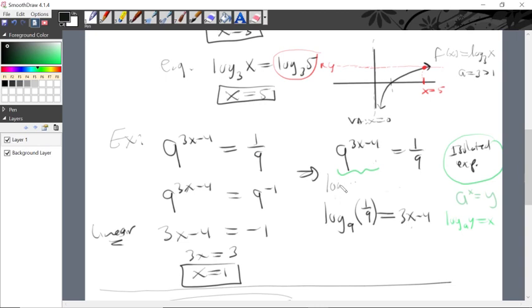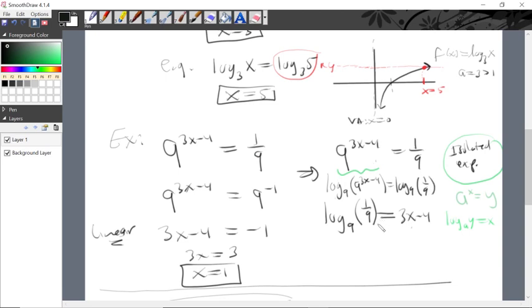Okay, so let me go up here to this step. Let's say I applied a logarithm of base 9 to both the left-hand side and the right-hand side of this equation. All right, there's 3x minus 4, and then on the right-hand side, a log base 9 of 1/9 over there.